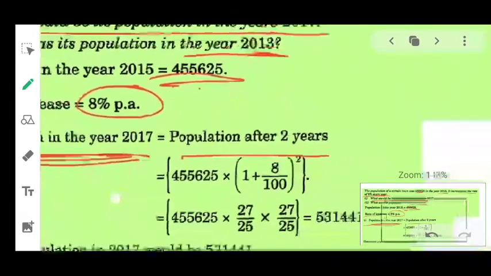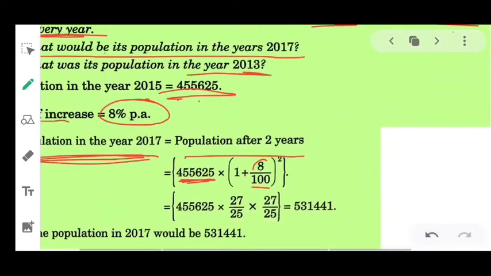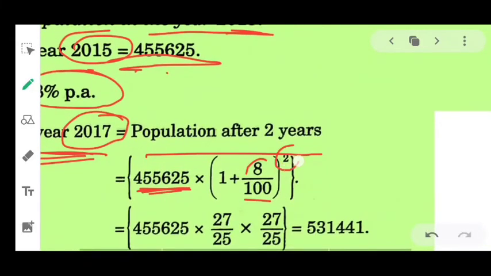So the formula is what? P into 1 plus R by 100 whole raised to n. So P is the original value, 4,55,625, that is the population in the year 2015 that is given. We have to find out the population in the year 2017. Okay, so population after 2 years, so number of years is 2.